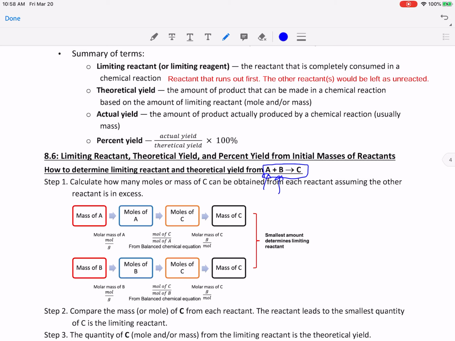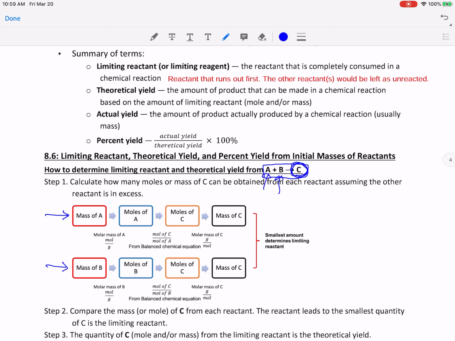So, again, if the mass of anything is given, you have to convert it to the mole, right? So mass of A converts to mole of A, mass of B converts to mole of B. Then from this chemical equation, you're going to put in the conversion to go to product, because that can be made from A plus B, both of them.